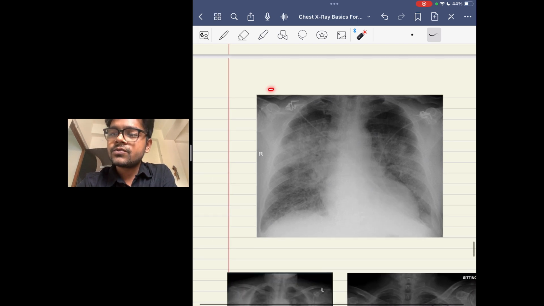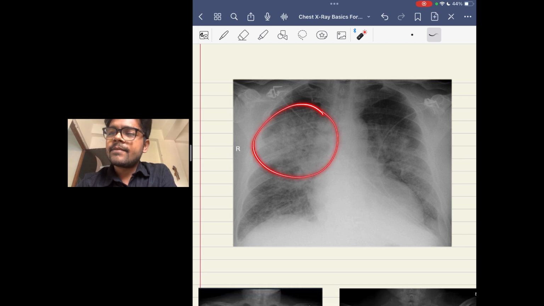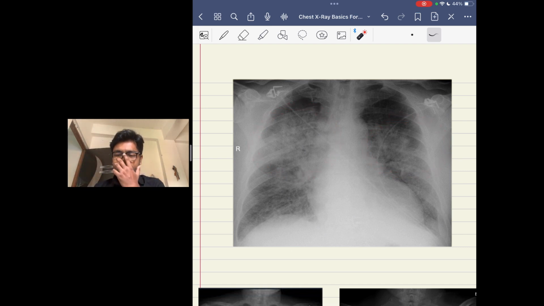The view is usually written somewhere here in the X-ray, but anyway there is bilateral hilar congestion. The heart size seems to be increased; if not taken in an AP view, then we can comment on that.